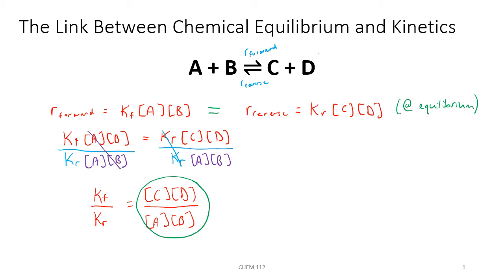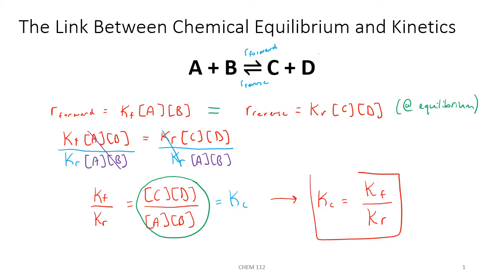So that whole thing is actually just equal to K sub C. What this does is it gives us another way to calculate the equilibrium constant if we know the rate constants of the forward reaction and the reverse reaction. So we could say that K sub C is equal to the rate constant of the forward reaction over the rate constant of the reverse reaction.